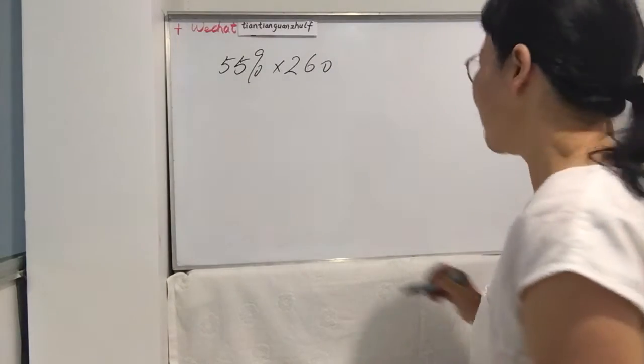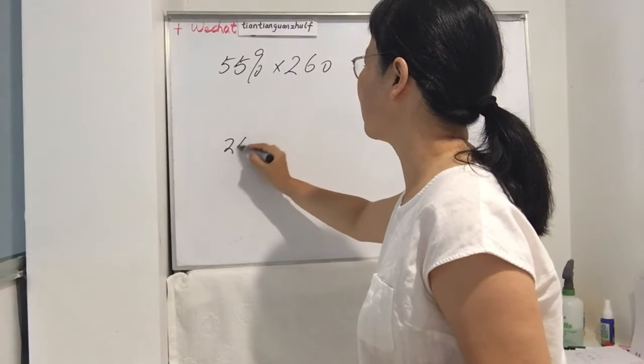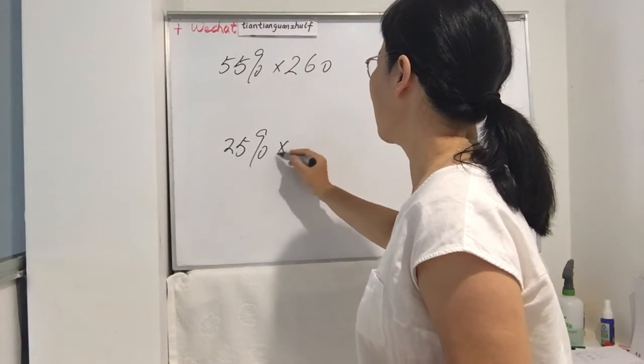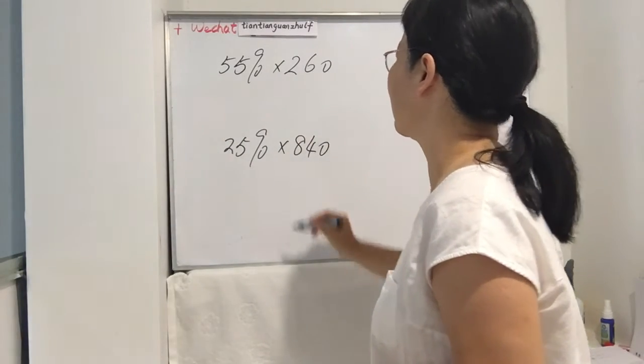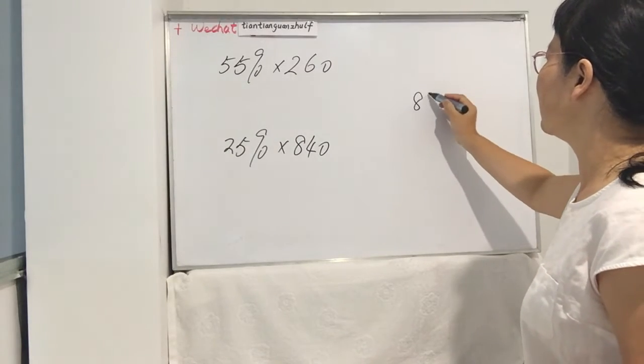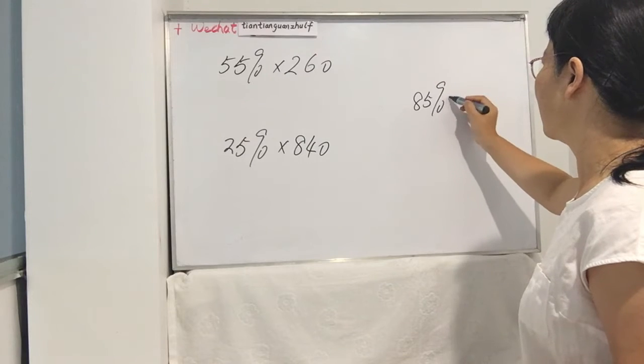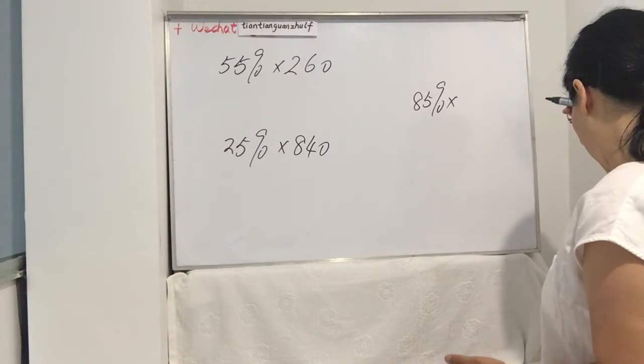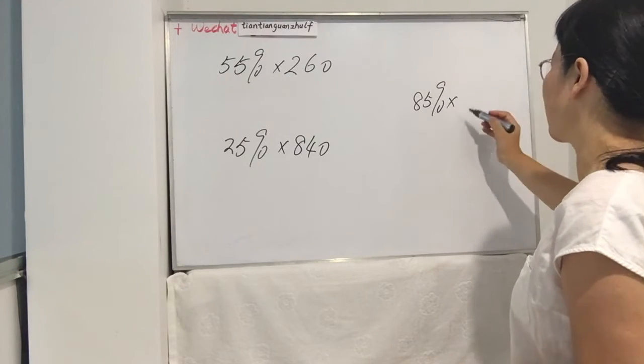That's the answer. 25% of 840. And the last one is 85% of 360.